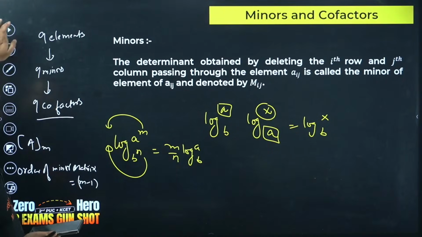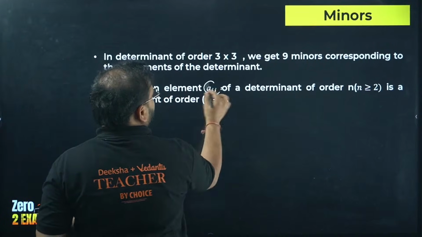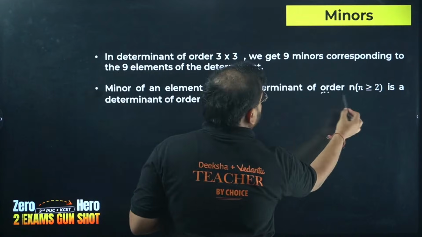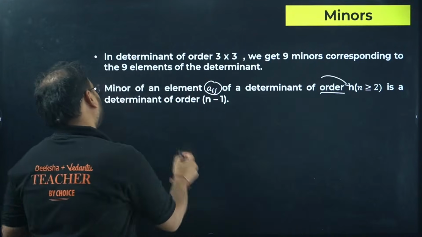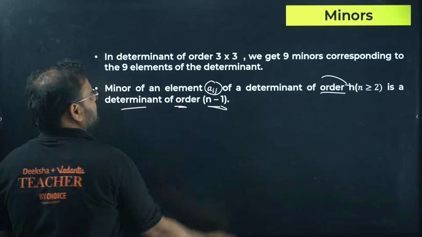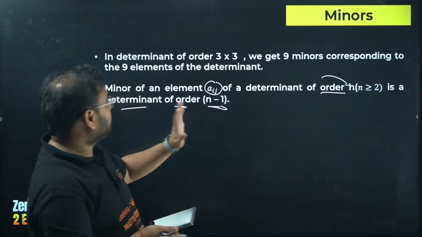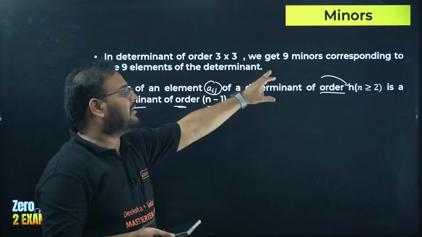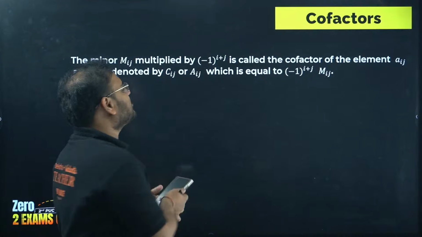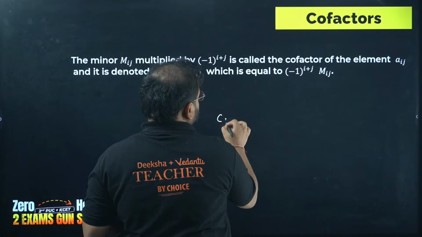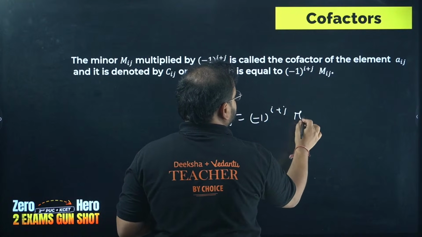So the minor of the element Aij of a determinant of order n is a determinant of order n minus 1. 9 minors, 9 elements, 9 cofactors. For the cofactor, just include the sign: Cij equals minus 1 power i plus j times Mij.